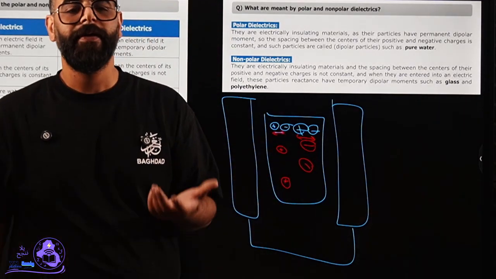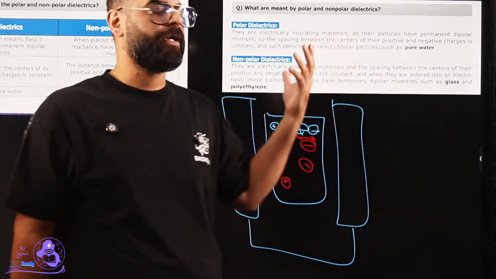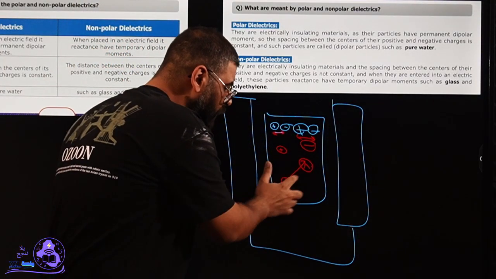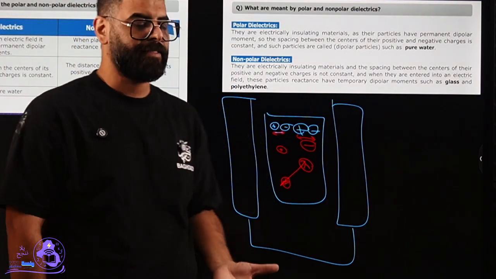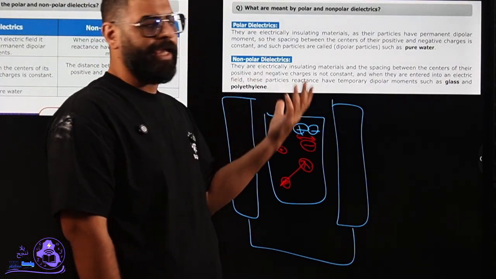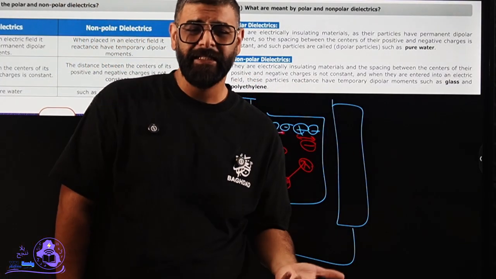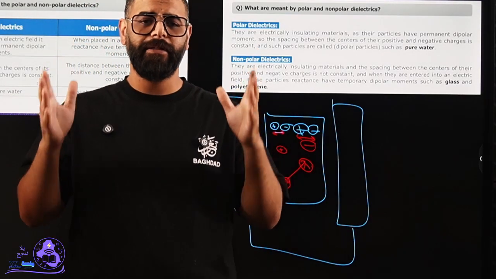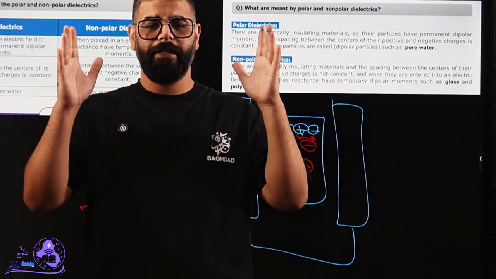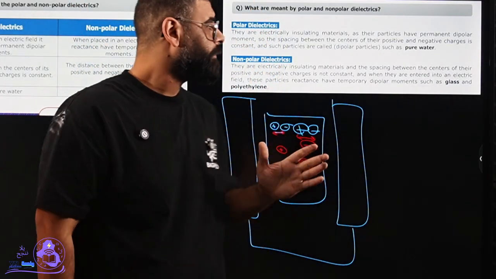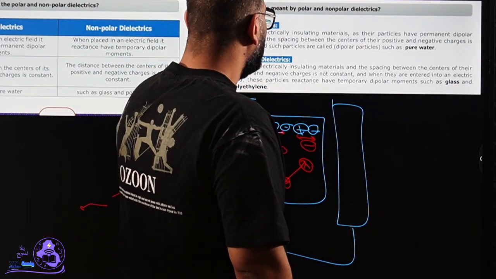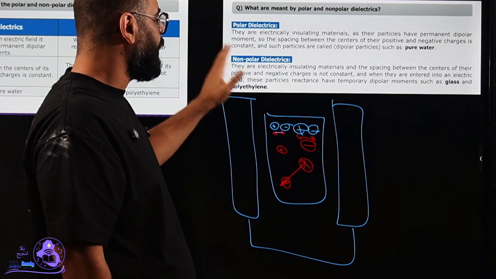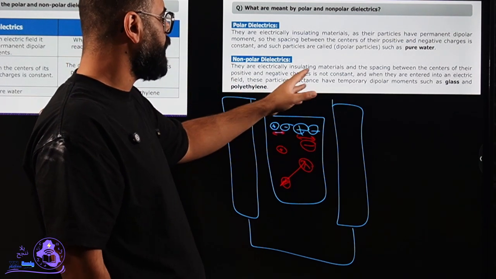So it's quite different from the polar dielectrics, because the distance between the centers of the positive and negative charge is not constant. And both of them will be affected when they enter inside an electric field.